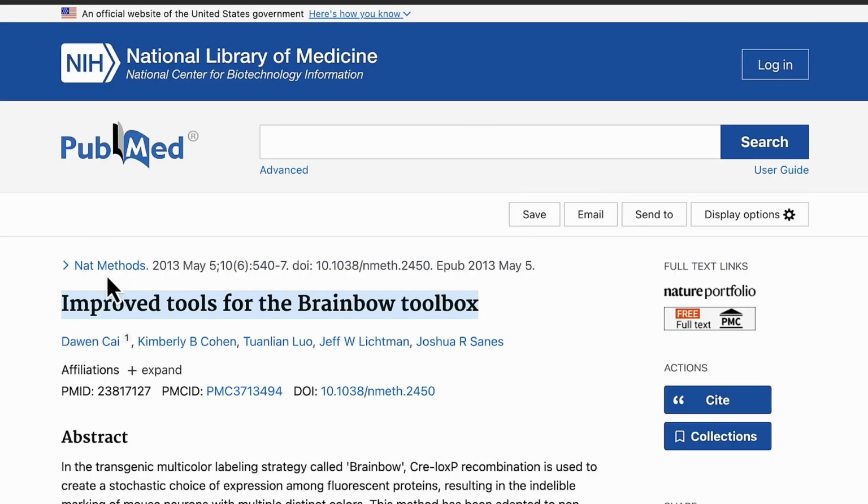So these strategies are used for identifying individual cells in different lineages, as I mentioned. If you want to study this in more detail, you can check the Mice Rainbow paper that was published in Nature Methods, and if you go to PubMed, you can access this link for the full text if you are doing this for academic purposes.